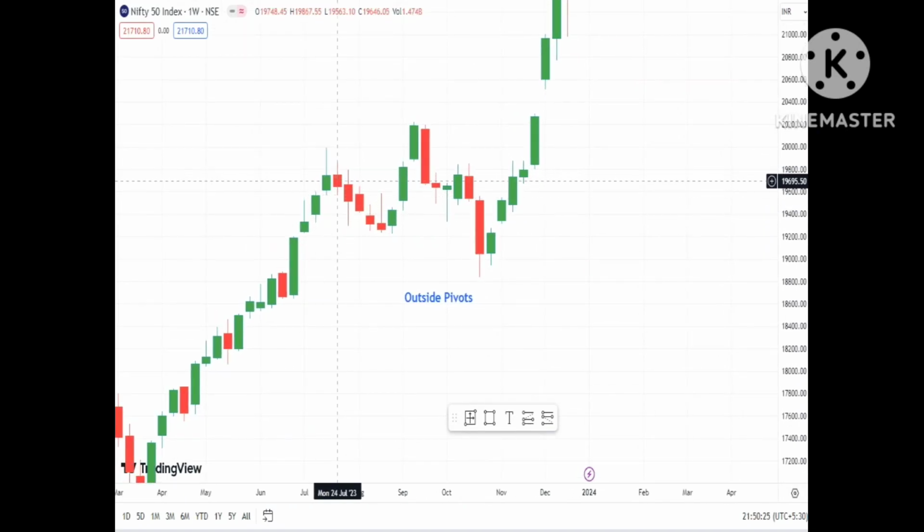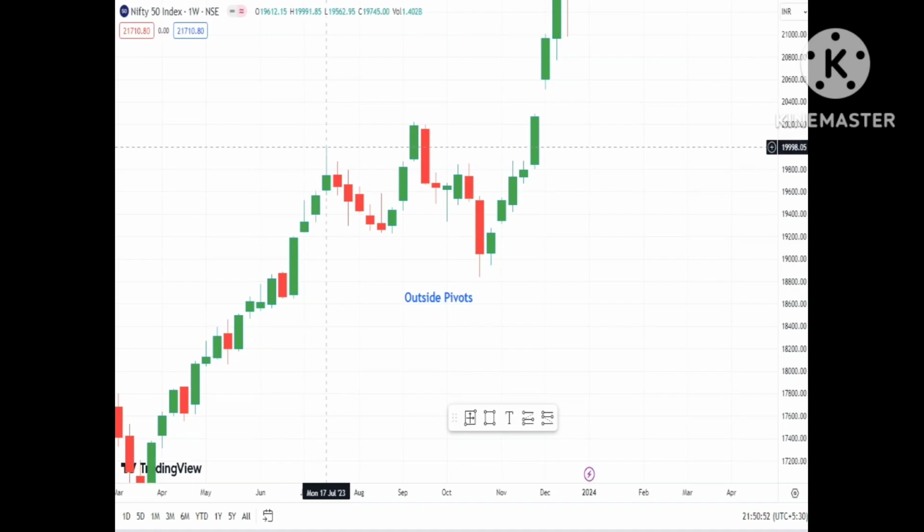This third candle is inside the main middle candle. So this is the first candle, this is the second main middle candle, the third candle is inside the second candle, and now we can consider the fourth candle as the third candle. So this is also an outside pivot.